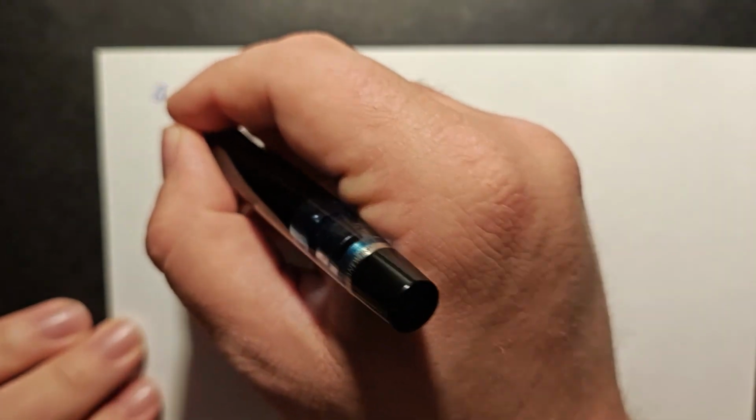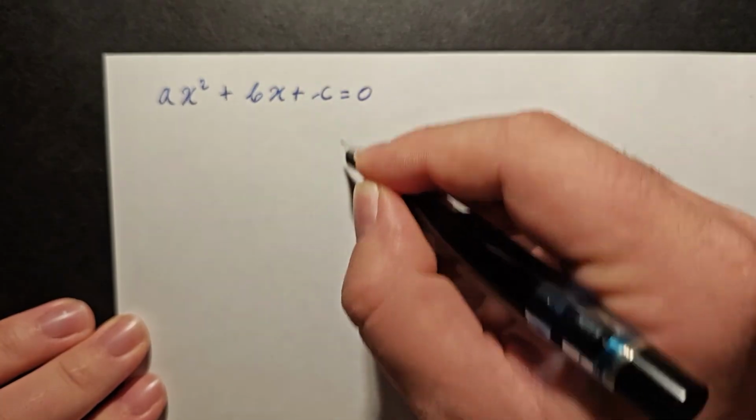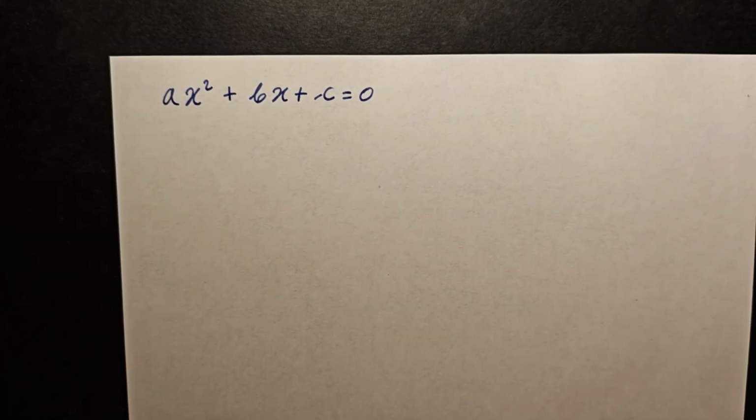At this point, I feel an obligation to explain why I appreciate the second solution of this problem more than the first one. Let's try to solve a problem ax squared plus bx plus c is equal to 0 without using the quadratic formula. Our job is to prove the quadratic formula.